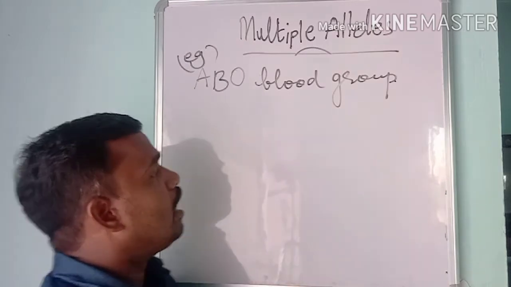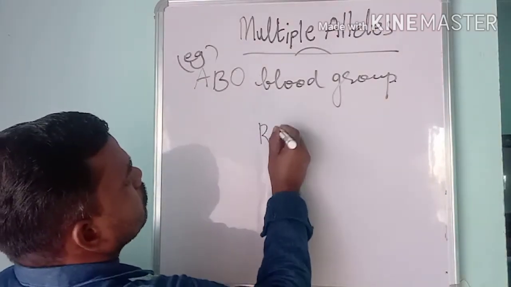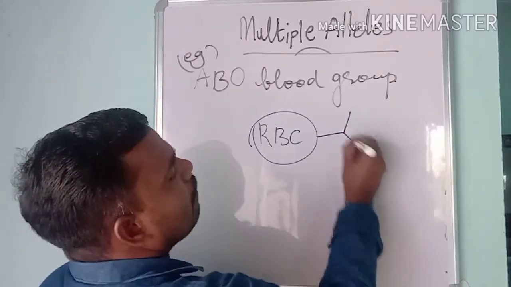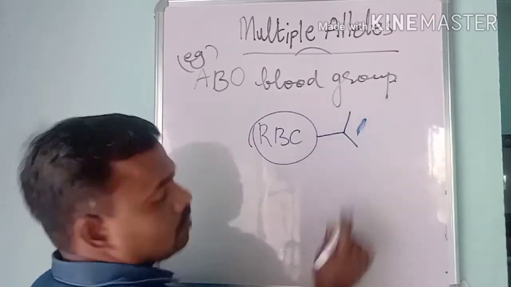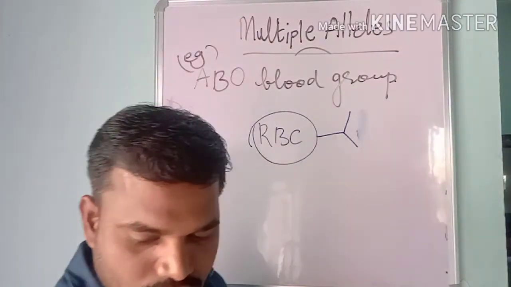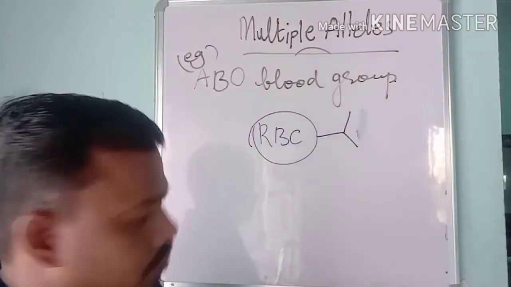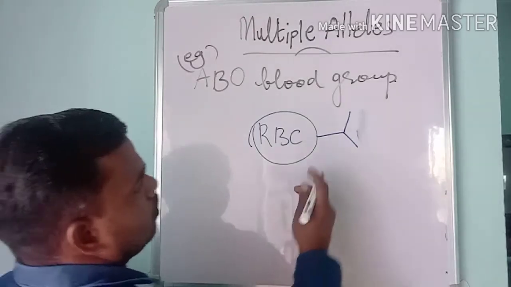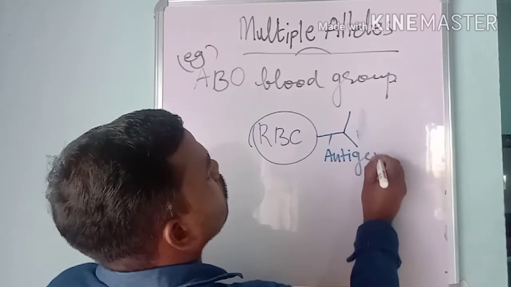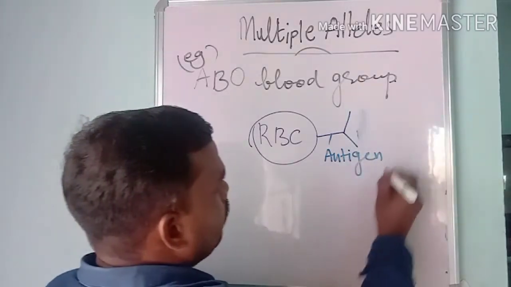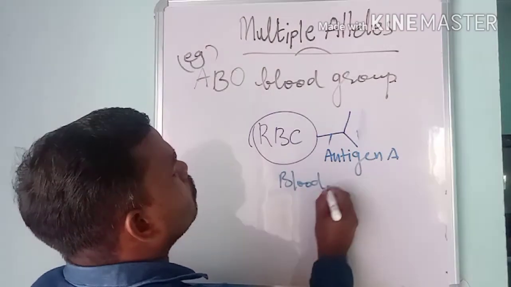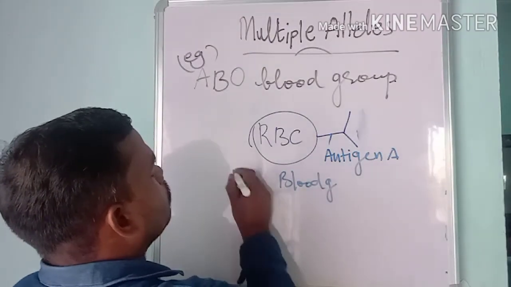So everything is because of this RBC. On its surface, it has the antigen. So this is what we call an antigen. If it has antigen A, then this is A blood group.